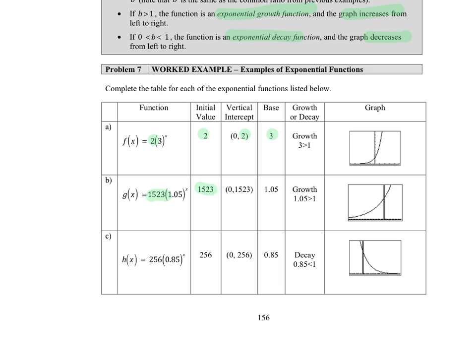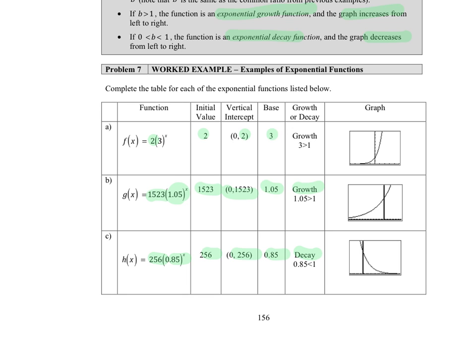In this one, same situation. They pick out your initial value, which is where it crosses the y-axis. This is your growth factor. Again, it's more than 1, so it's going to cause it to grow. And we can see that because it's increasing from left to right. And then in the last one, they pick out the same stuff, your initial value and your growth factor. And this time, because the growth factor is less than 1, it's exponential decay.